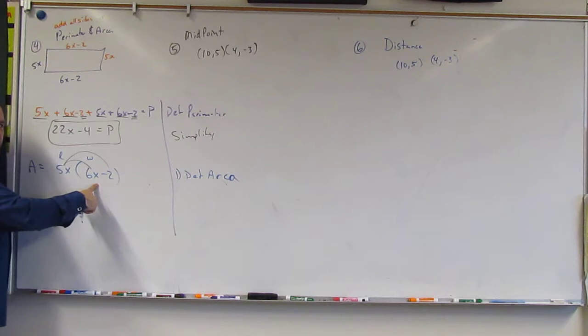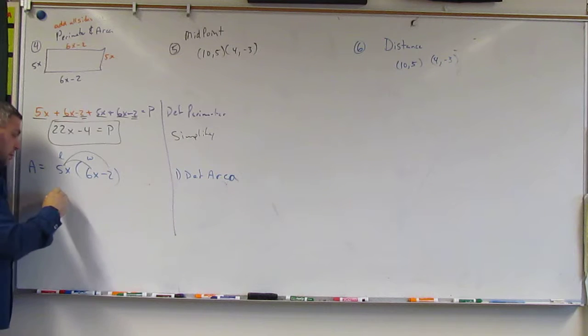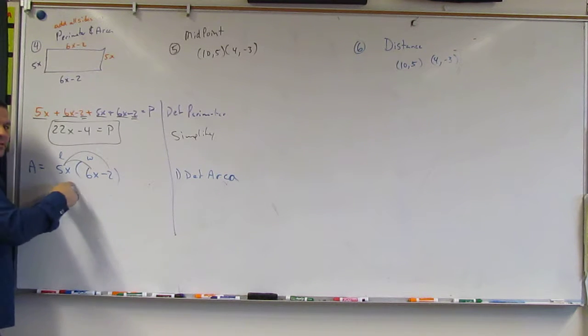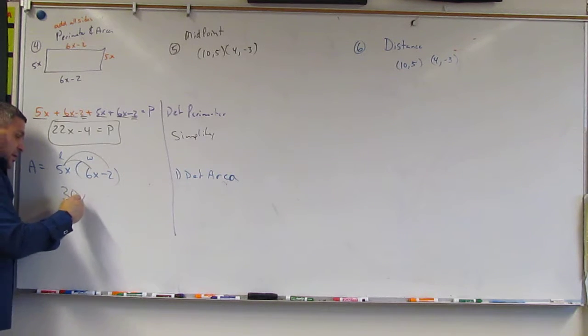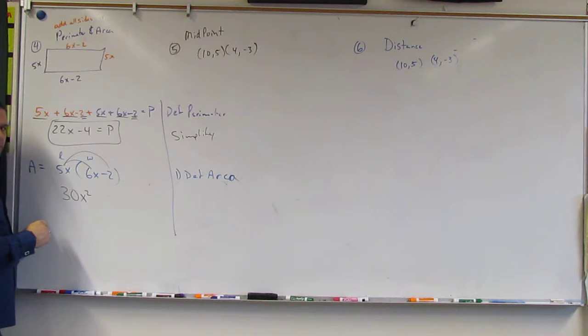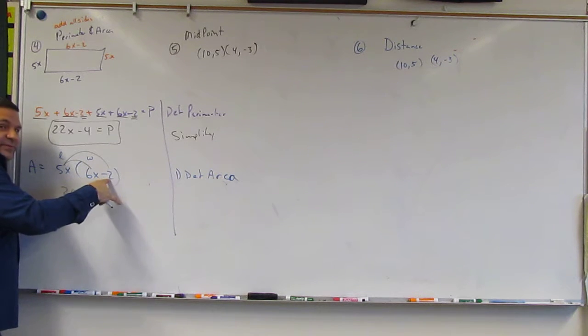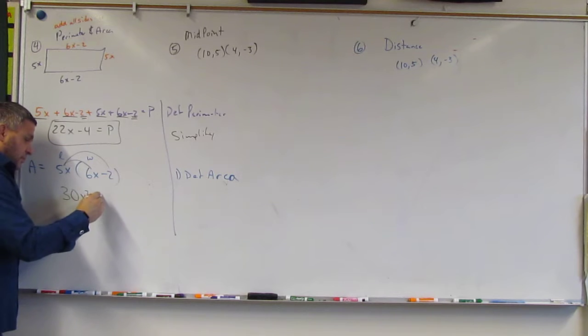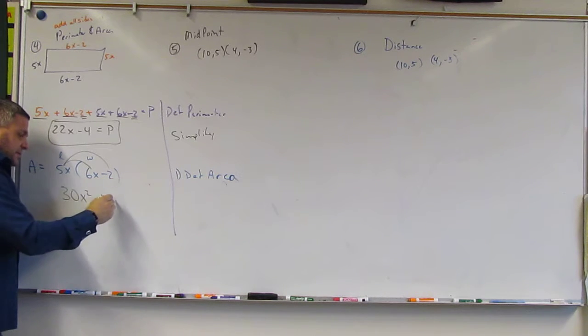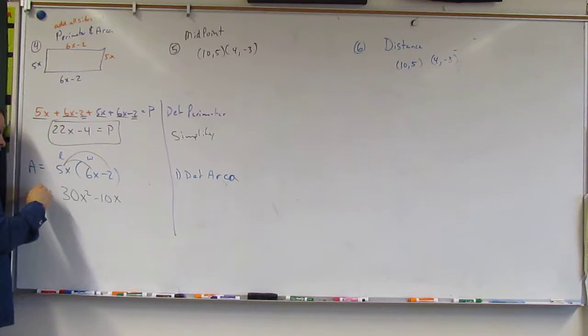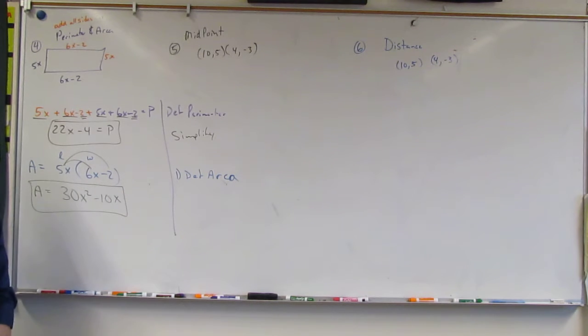5 times 6, 30. x times x, x squared. 5 times negative 2, x times no x. And what's that called? Is that simplifying?